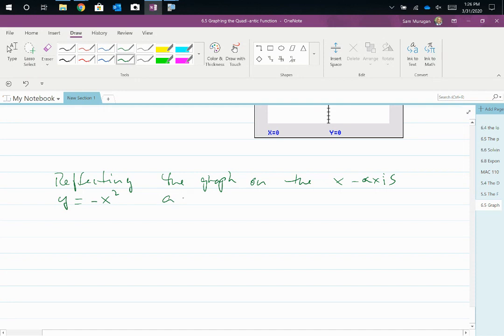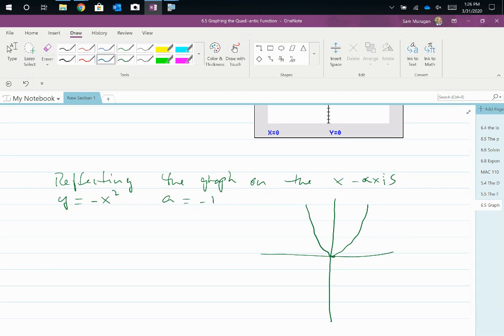It means the a value is equal to -1. The graph will turn upside down. The original graph is like this. The new graph will be turned upside down this way. This is y is equal to -x squared. This is y is equal to +x squared.